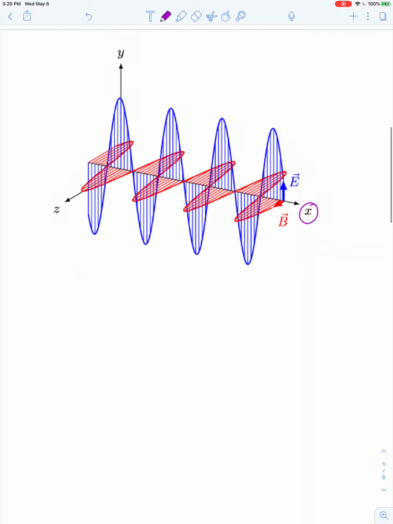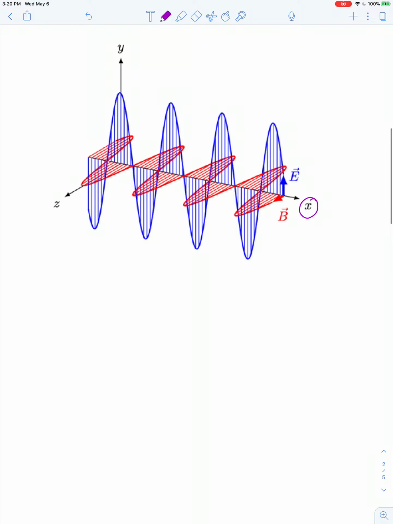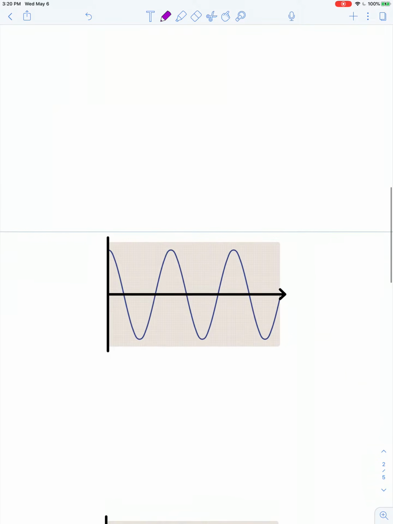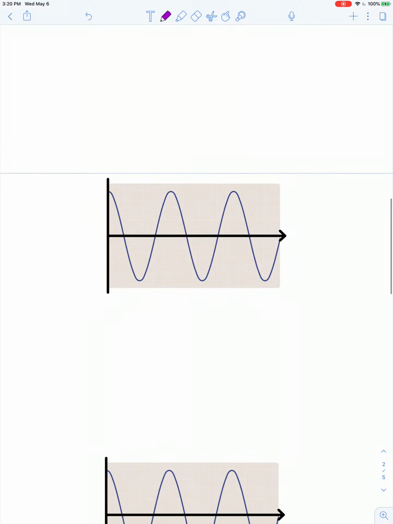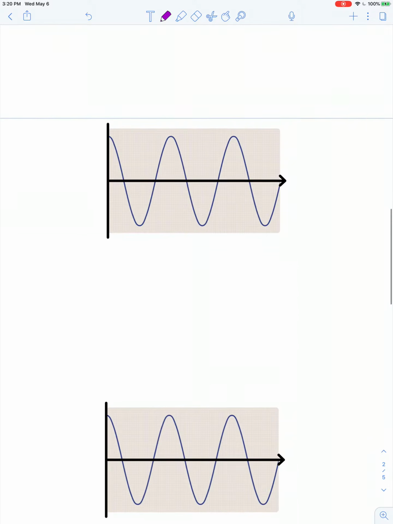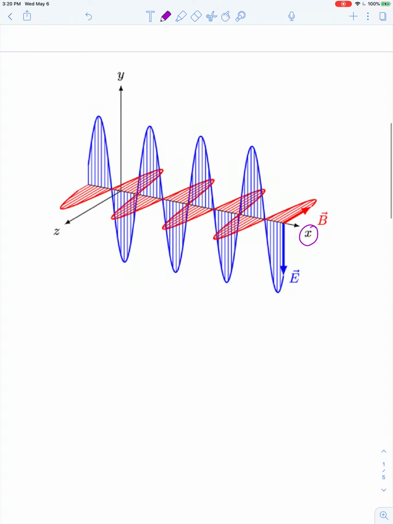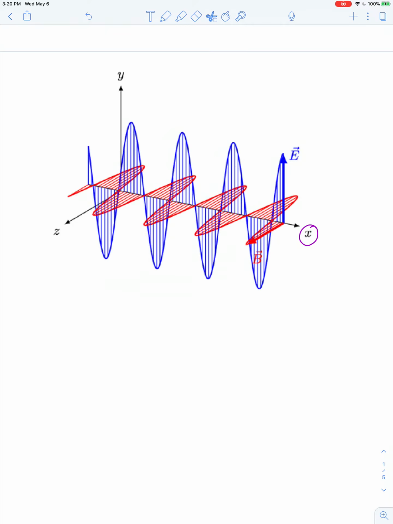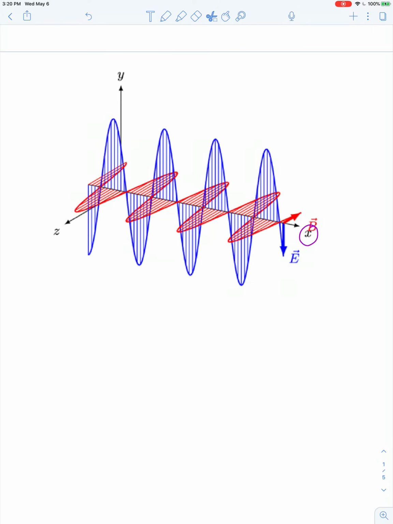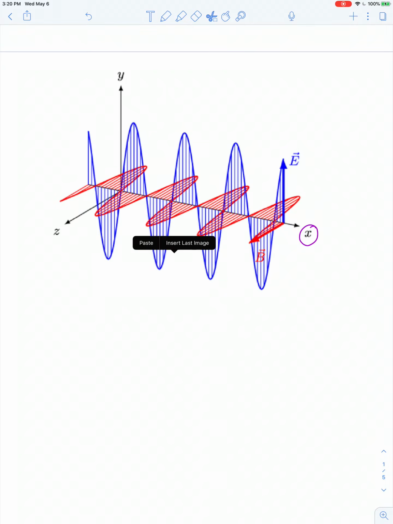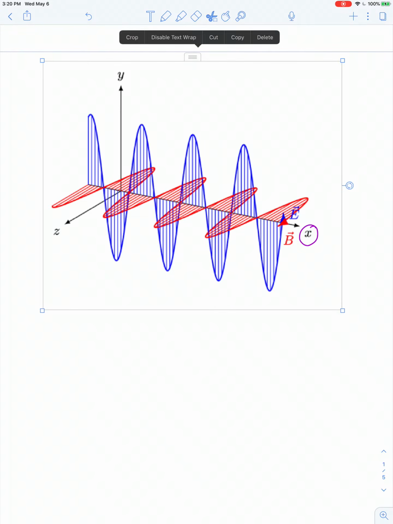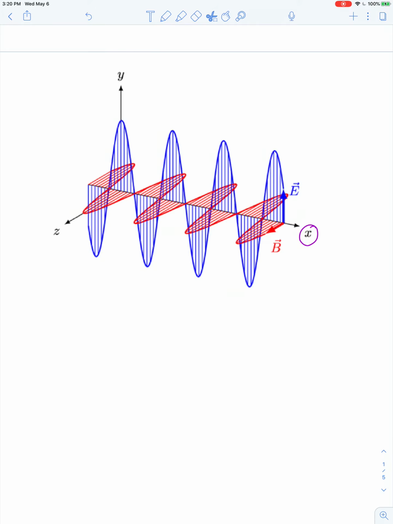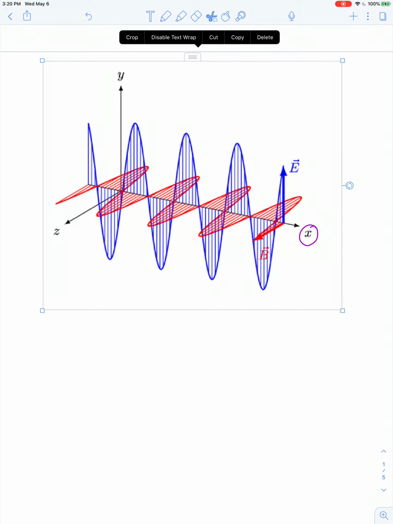So let's just look at just the electric field. Let's ignore the magnetic field for a moment. Then if we capture a snapshot in time, just like we did, again, let's do one more snapshot in time. If I stop it right here, it looks like a graph of sine.